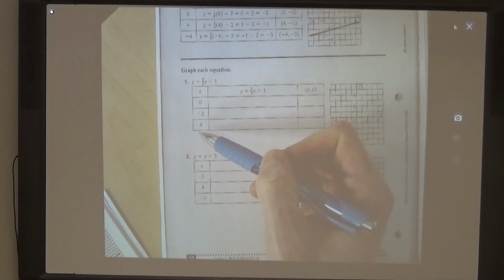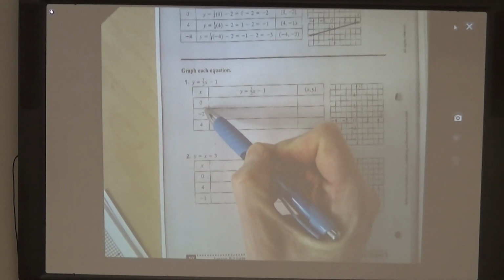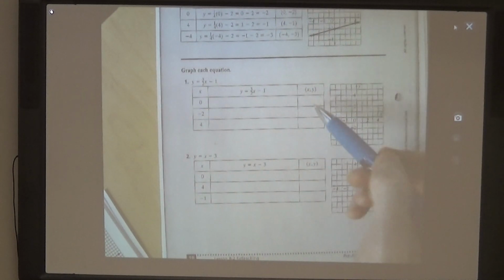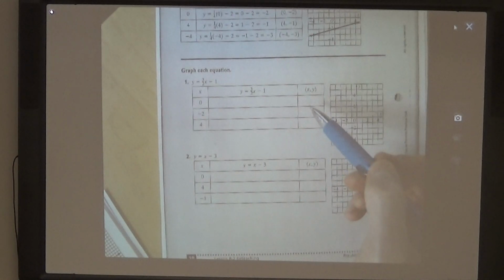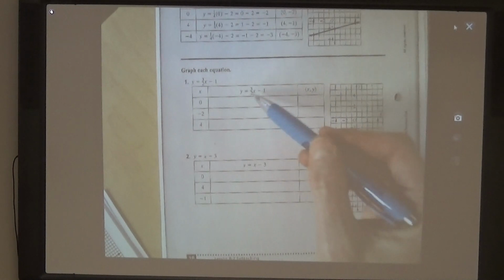What do you do with 0 under the x? Well first we have to find the number that goes with 0. How do we find the number that goes with 0? Yeah, put it into the equation and solve it.